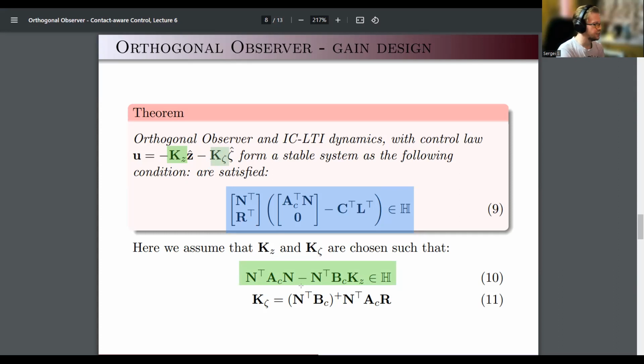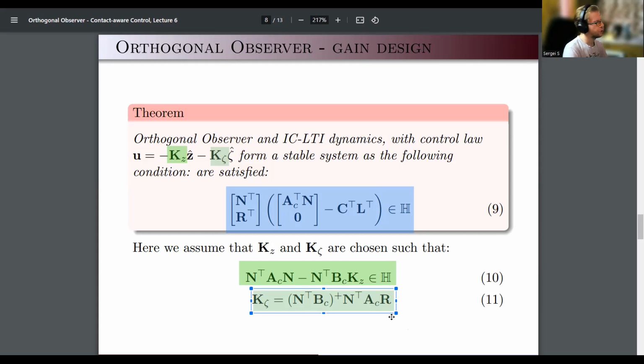So this condition 10 is equivalent to doing LQR the way we prescribed in the second slide, right? And K zeta is just chosen like this. Why like this? Well, it is basically to cancel this free side. This has nothing to do with stability.